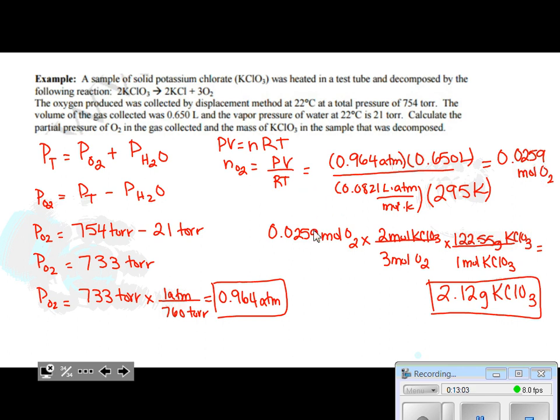And then by stoichiometry, you can work from the moles of oxygen gas to moles of potassium chlorate, and then finally grams of potassium chlorate. So you had to decompose 2.12 grams of potassium chlorate in order to make 0.964 ATMs of pressure for oxygen.